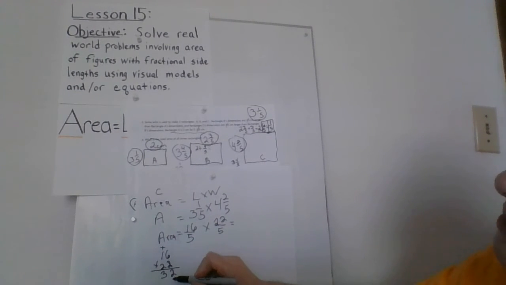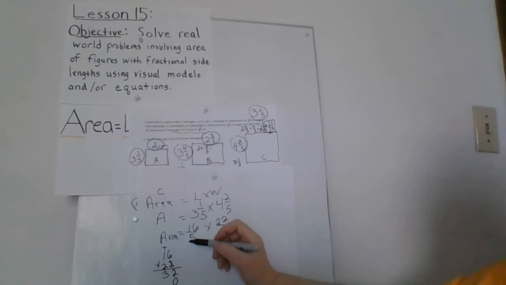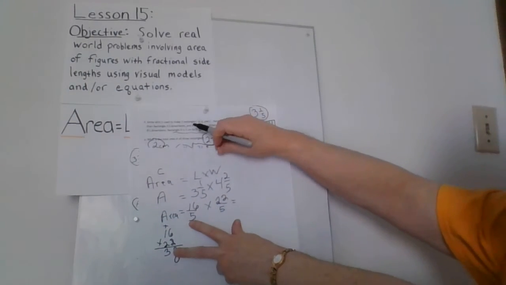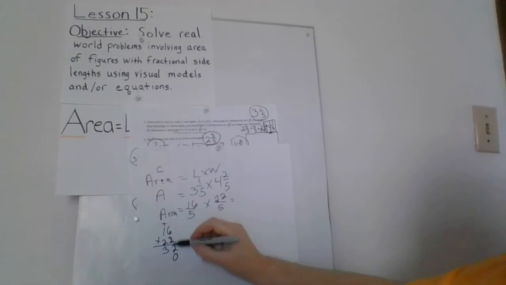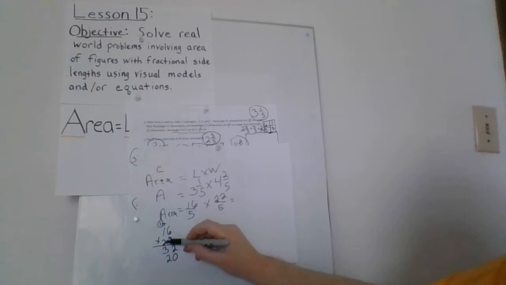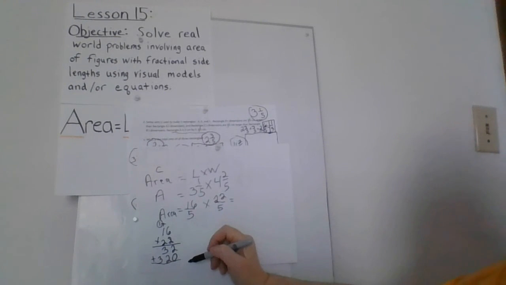Since I'm multiplying in the tens place, I need a 0 to hold my spot. Raise this up a little so you can see. 6 times 2 is 12. Carry my 1. 2 times 1 is 2 plus 1 is 3. So I have both partial products.